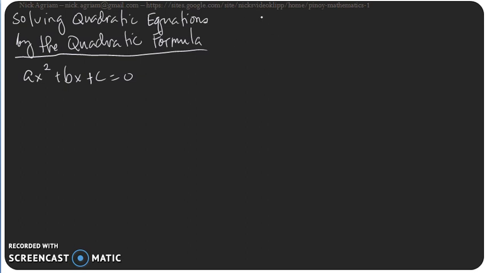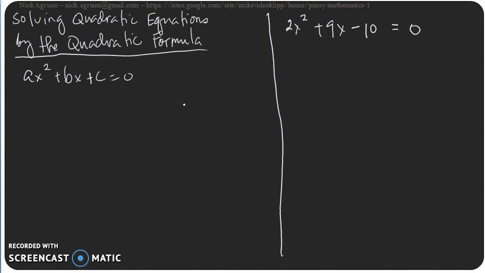Then what I planned here is I'm going to do a parallel: ax squared plus bx plus c is equal to 0. I'm going to derive the quadratic formula, but to understand that, I am going to give you a parallel example from when we did completing the square.